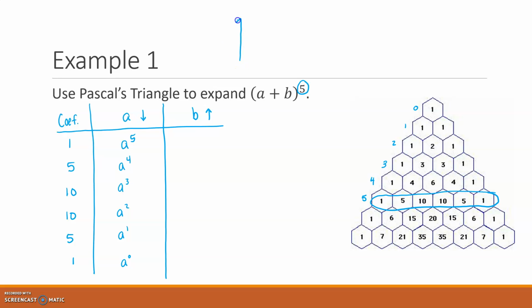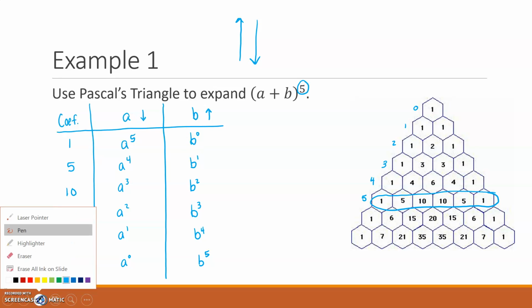One side is going up, one side is going down. Same idea here. It doesn't really matter which one you put first. I just always do down and then up. So this one, I usually start from the bottom and work my way up. So I start with b to the 5th, again, because it has an exponent of 5, and then 4, 3, 2, 1, 0.